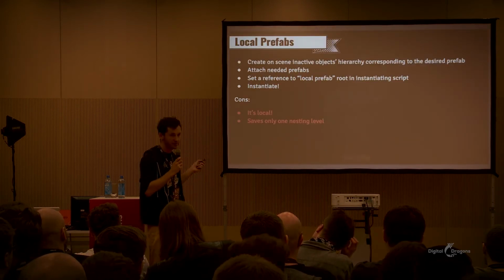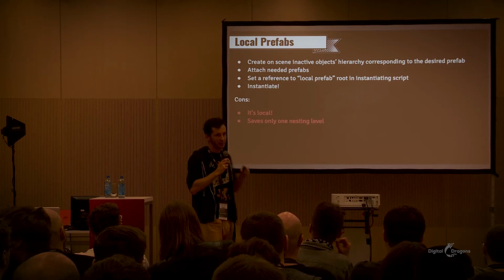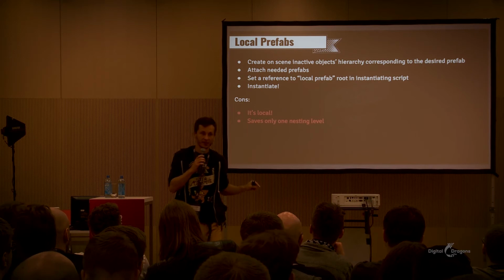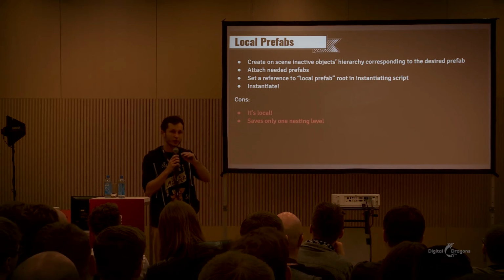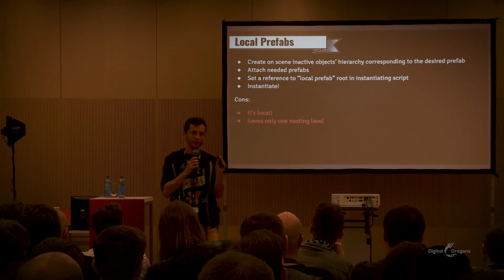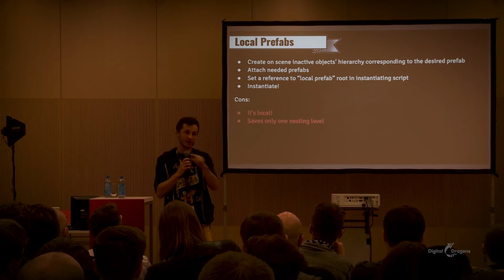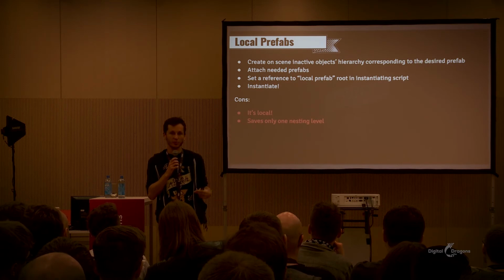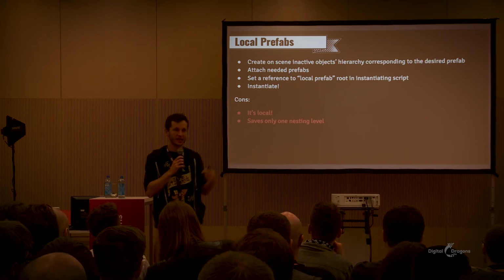Okay, local prefabs. Imagine a table, and the table has rows based on the data that we have, and the rows have cells. You want the cells to be prefabs, obviously, and also you want a row to be a prefab, because you want to multiply it based on the data.